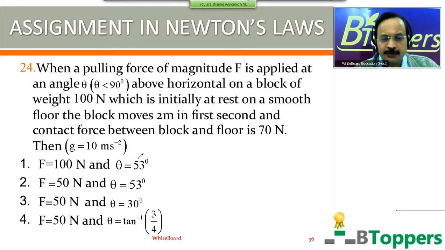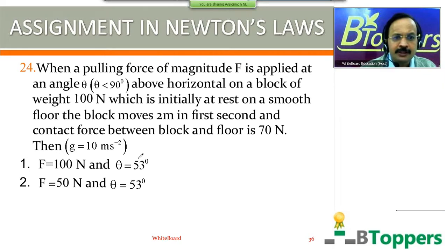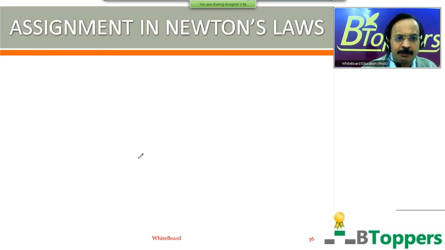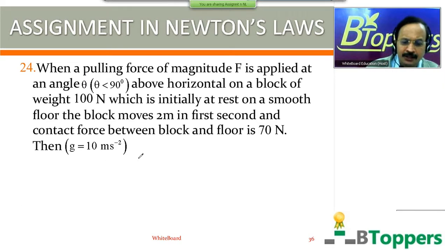So the magnitude of the normal reaction force on the block by the floor is 70 Newton, as per the information given in the problem. It means the magnitude of the force by the block on the floor is also 70 Newton. When you draw the free body diagram for the block, we must indicate only the forces which are acting on the block, not the forces by the block.